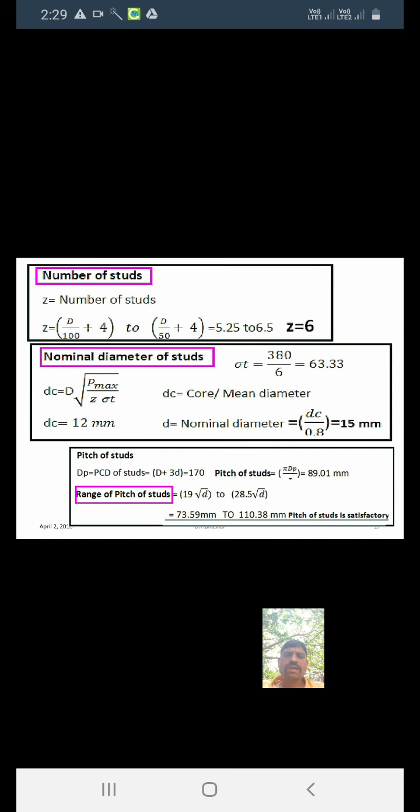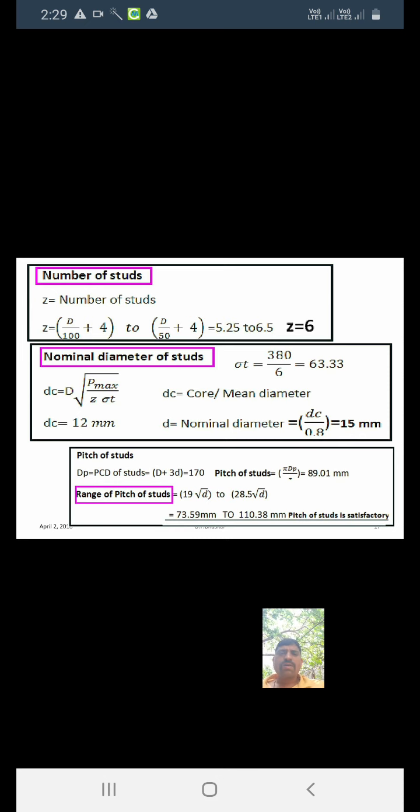This value we will get 5.25 to 6.5. Okay, then we will convert into a whole number or integer. We can't say the number of studs is equal to 5.25, right? This is a whole number, that's why we take the next digit. Z is equal to 6.